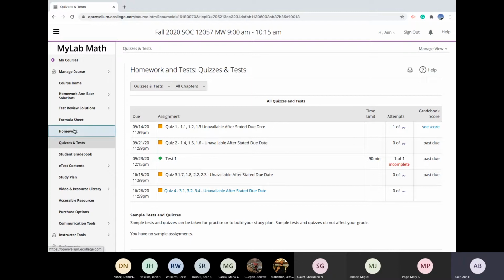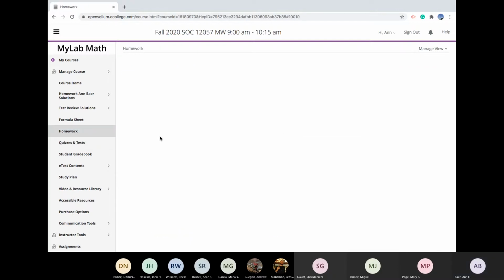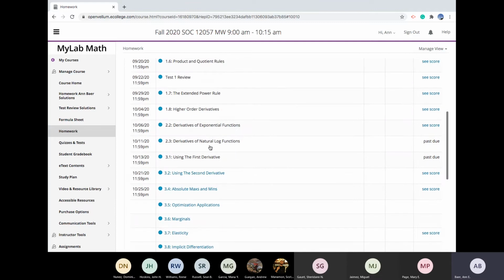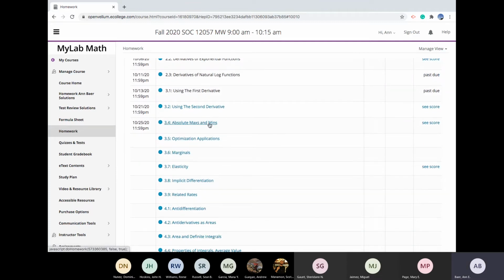So let's go back to homework here. And you can see I've got today's assignment posted here. I did also post my notes. I've been posting my notes under homework and Bear Solutions. So if you have a question on a particular topic, let's say, and the learning aids in MyLab Math aren't working for you, or you prefer my homework solutions instead, this is where you go.